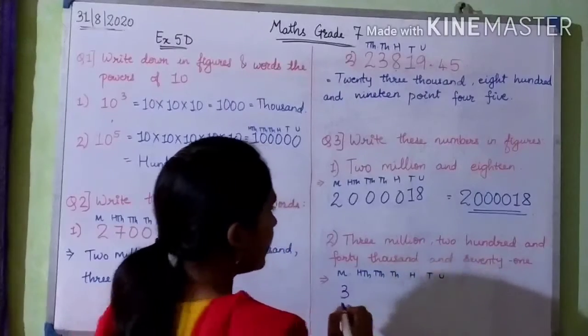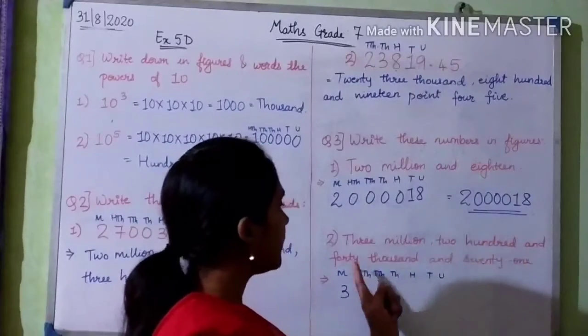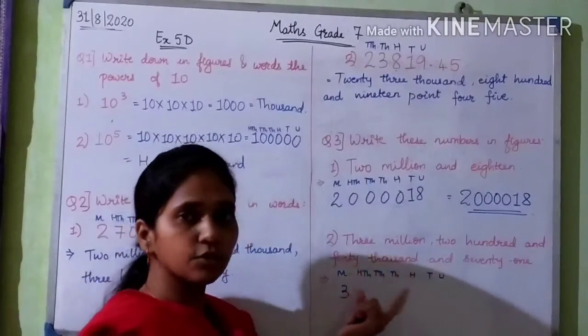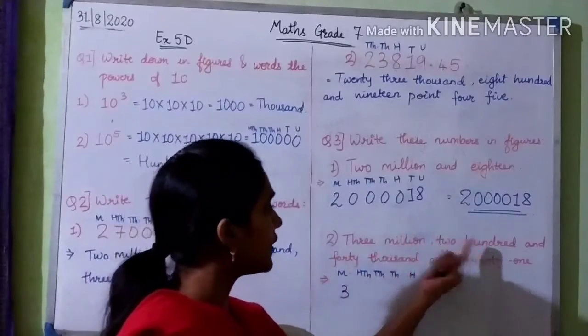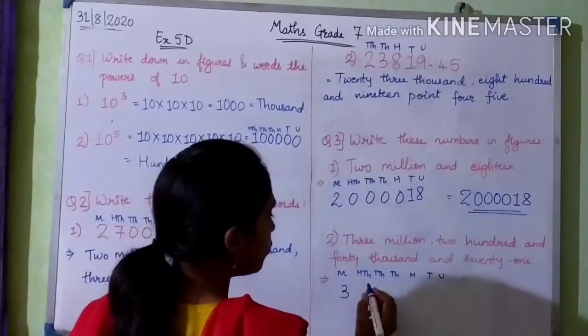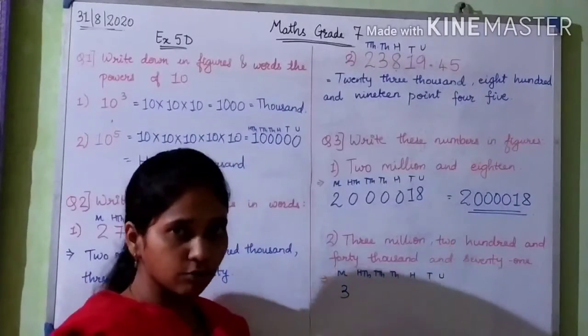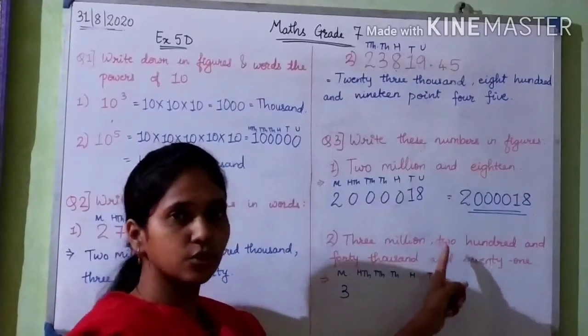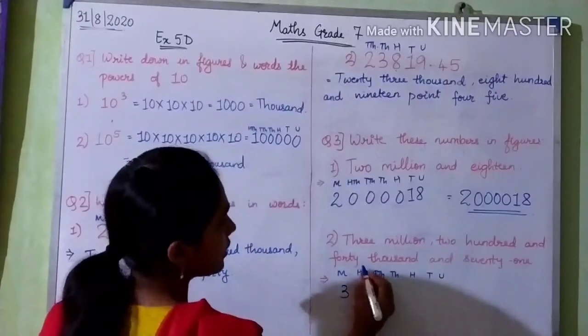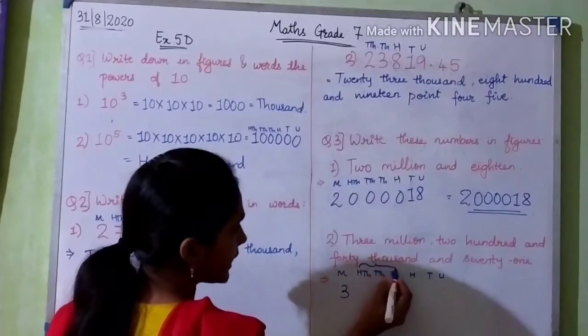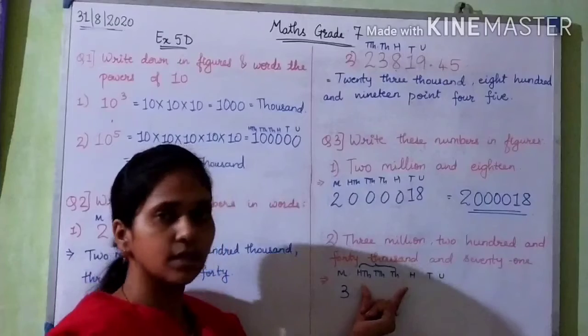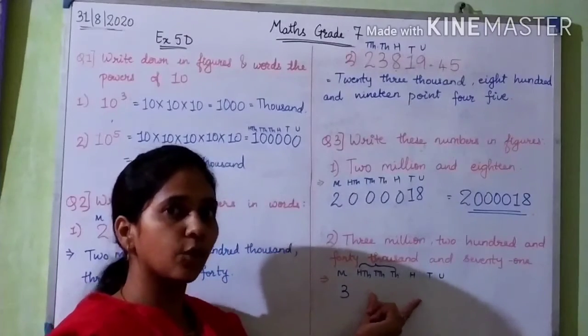Then 240,000: for the thousands together we read this as 240. So how do we write 200? In the hundreds place, in the thousands panel we can say, these three places are together for thousands.